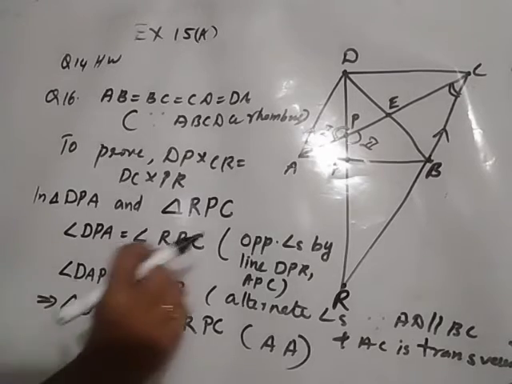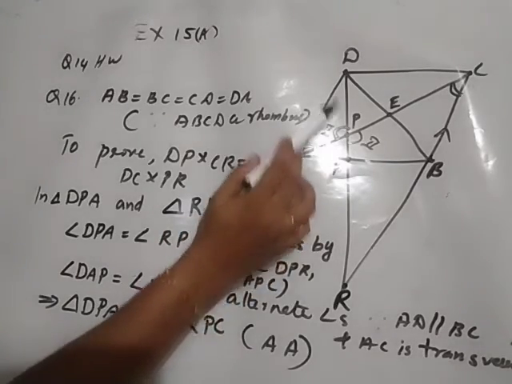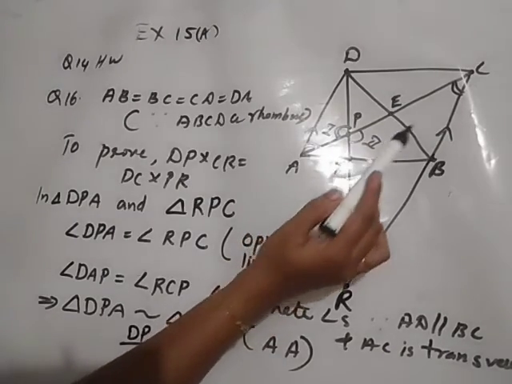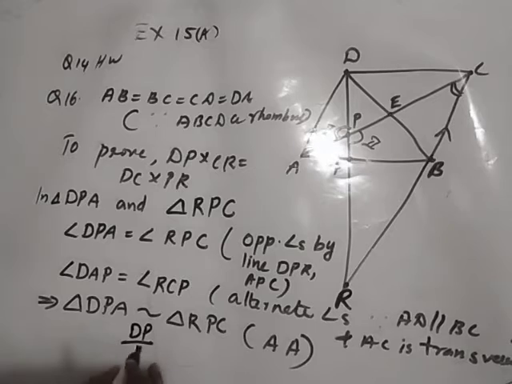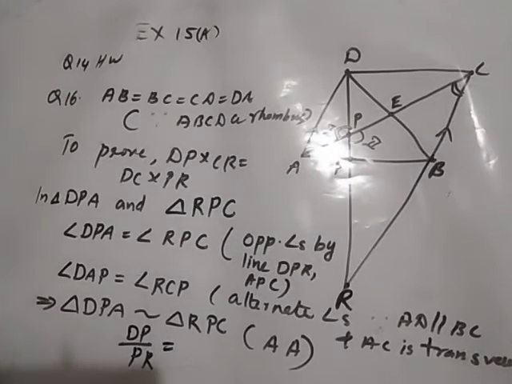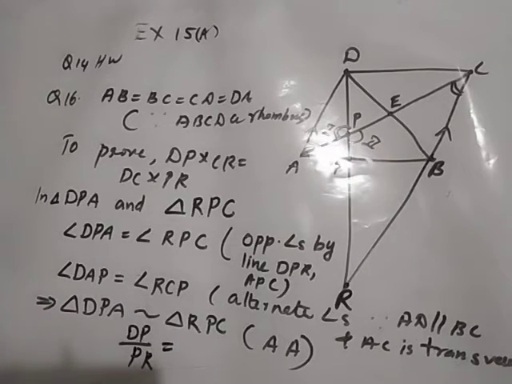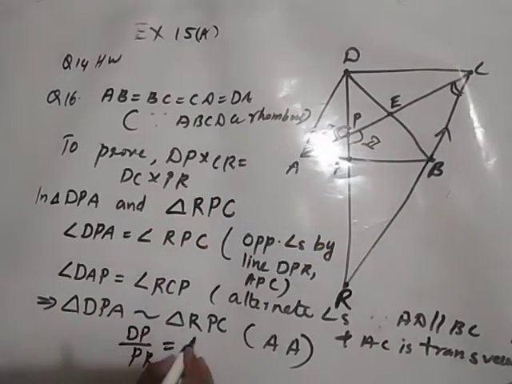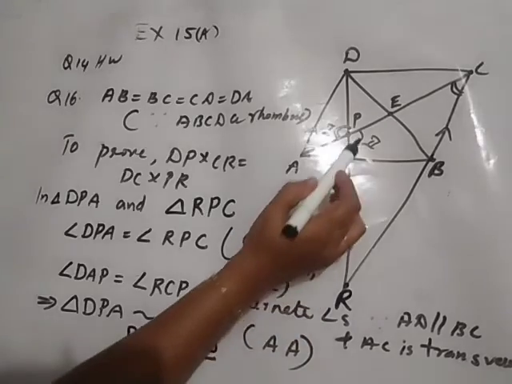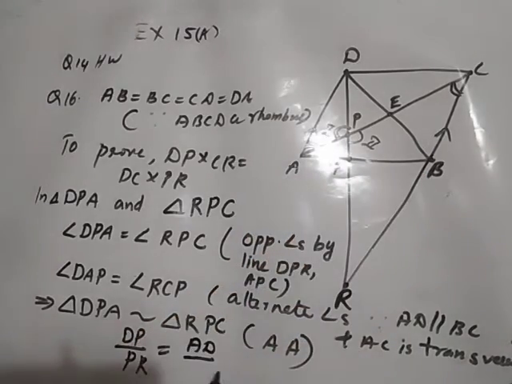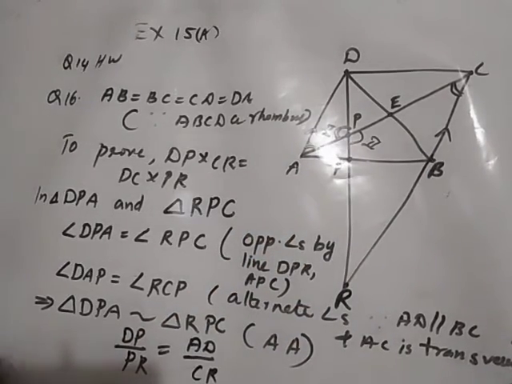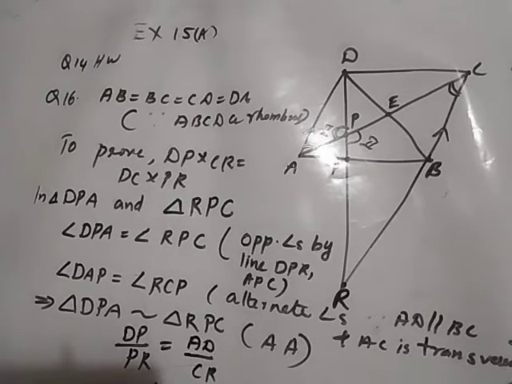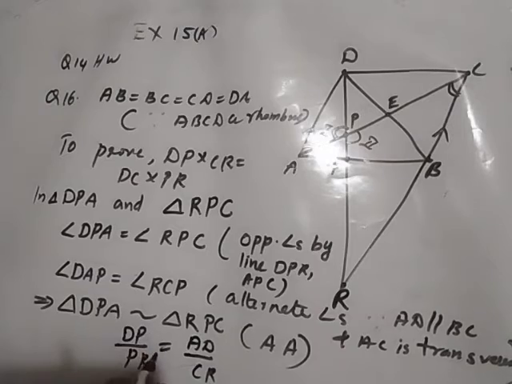Side opposite to A is DP by side opposite to C is PR, equal to side opposite to P, AD, by side opposite to P here, CR.